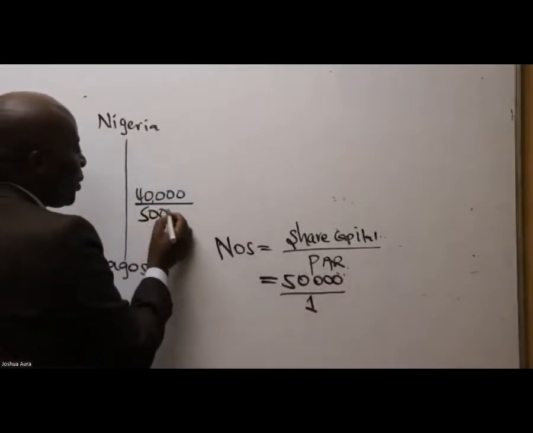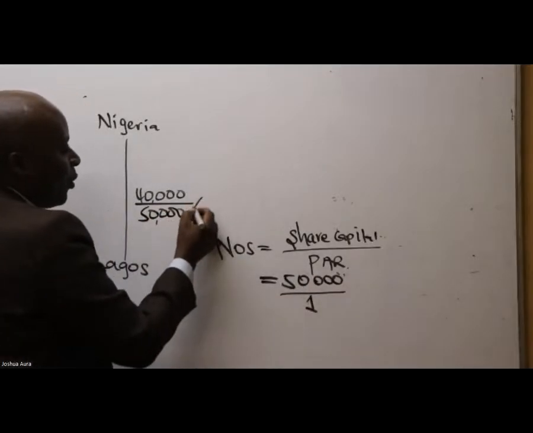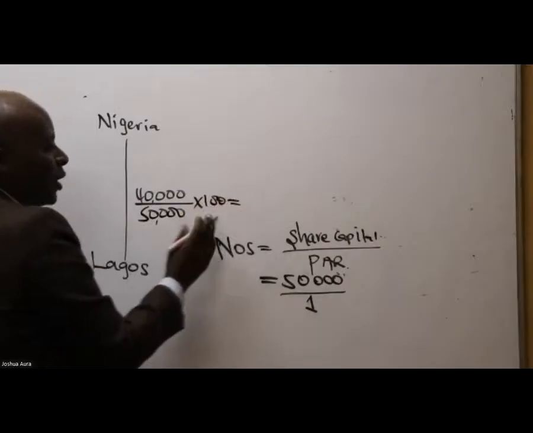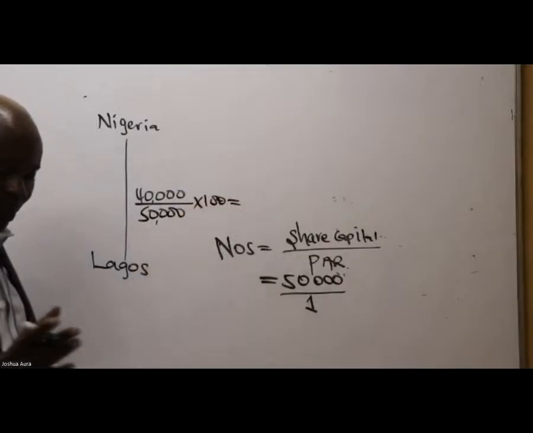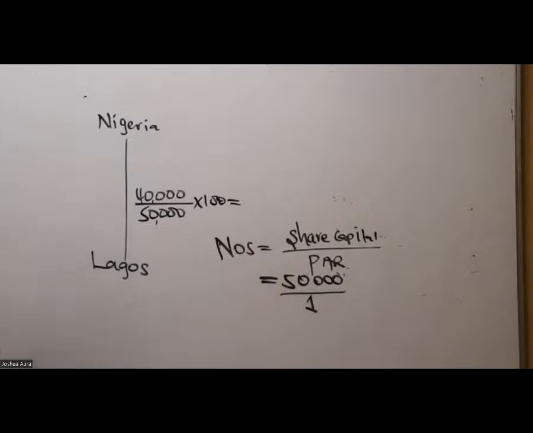Then this means 40,000 divided by 50,000 times 100. What shareholding is this in terms of percentage? Please give me the figure. What are we getting here? 80%.